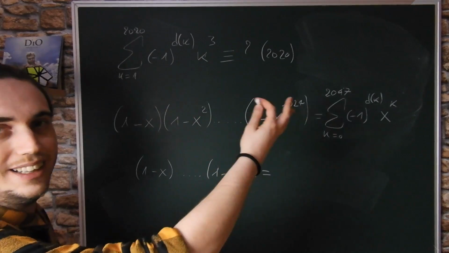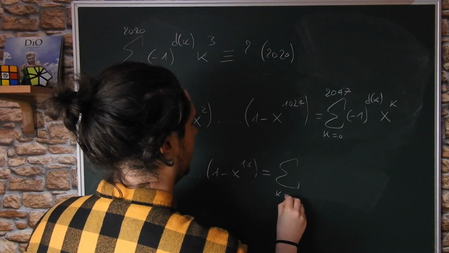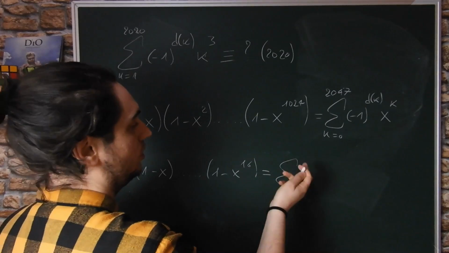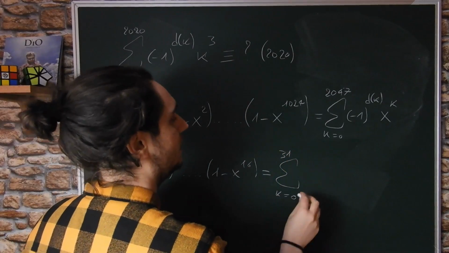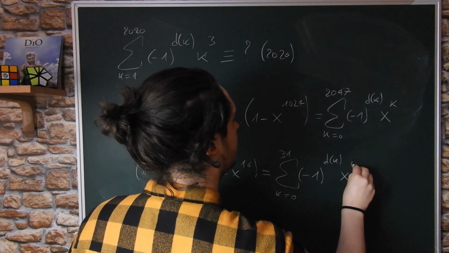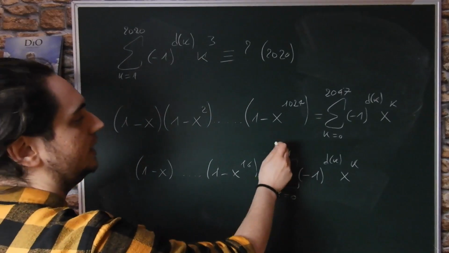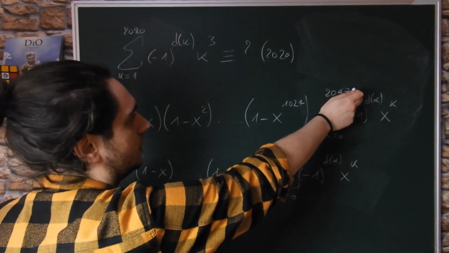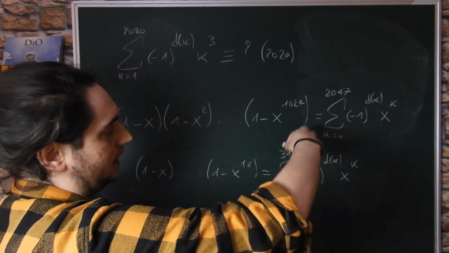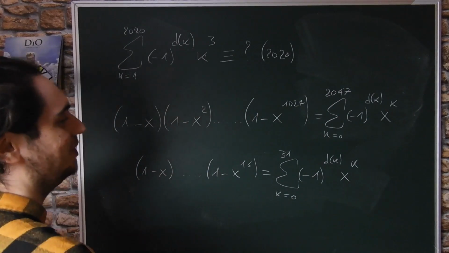As before, we can play exactly the same game, and in this case we have k from 0 to the next power of 2, so 32 minus 1, 31, and here we have exactly the same coefficients. Now we want to multiply these in order to reach 2047 from 31. Why this? Well, because many of the terms will cancel out in the very near future.